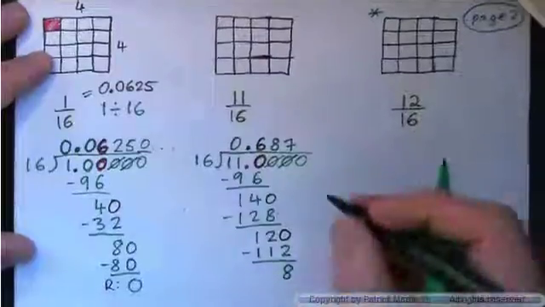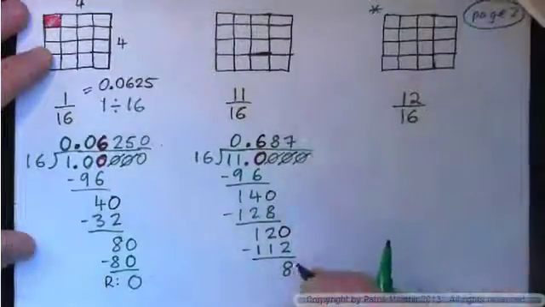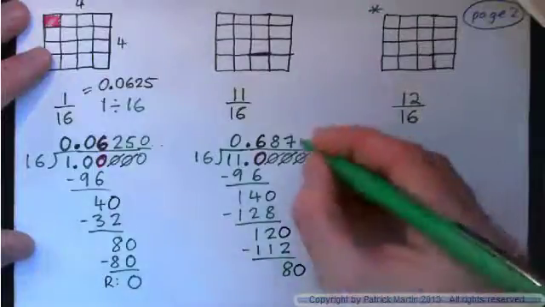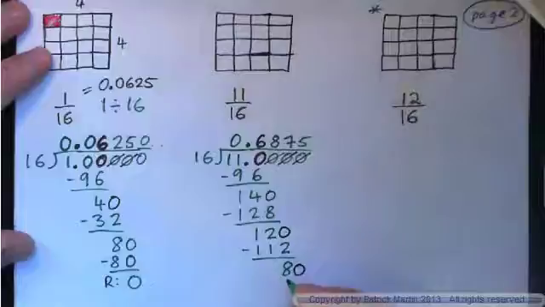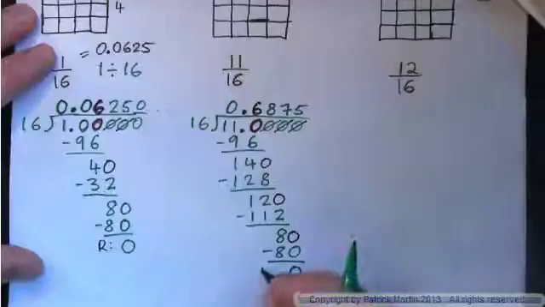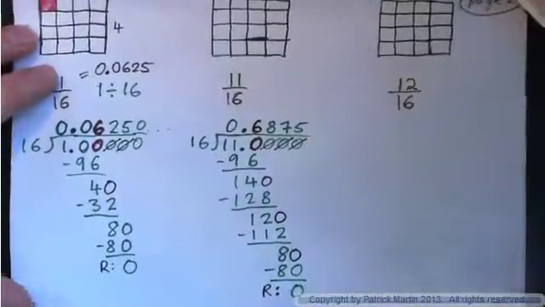Yep. And now cross off this 0 and bring that guy down, and now 16 into 80 goes 5 times, right? 5 times 16 is 80. Subtract 80 minus 80. Remainder is 0, right? When we get to remainder 0, we're done.